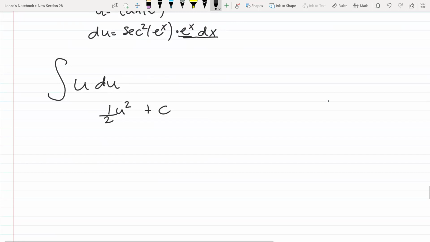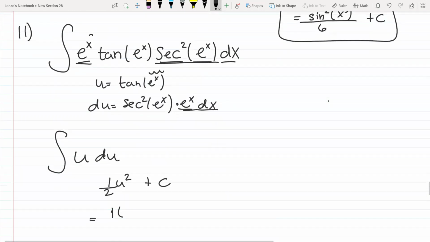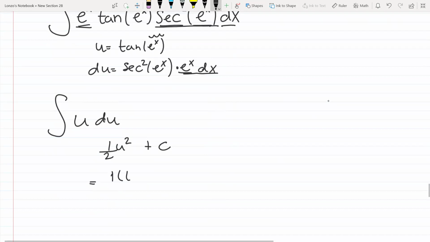And then finally replace your u with what? My u is tan of e^x. Square that, and then it's still over 2 plus c.